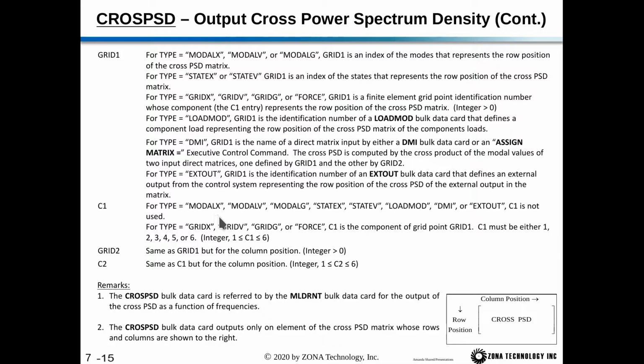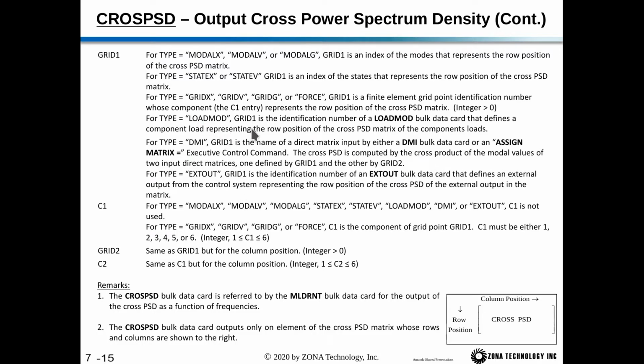And then additionally, C1 is not used. For state X and state V, it's the index of the state. And then for type equals grid X, grid V, grid G, or force, then grid is a finite element grid point identification number, and then we use C1 to define the component. So C1 can be 1, 2, 3, 4, 5, or 6.